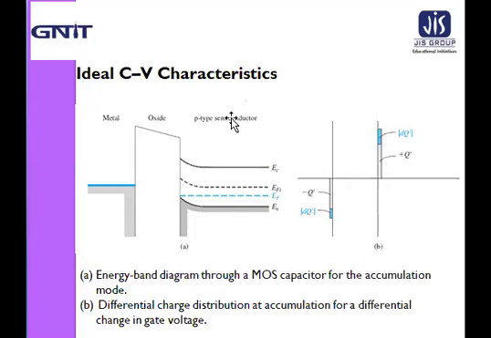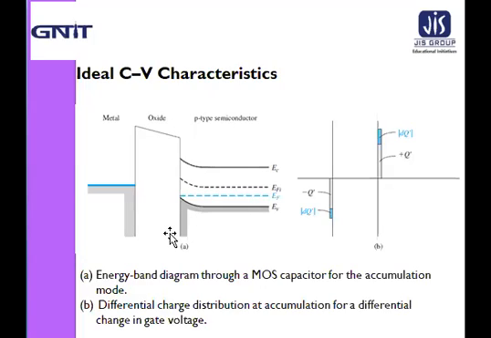Here a p-type semiconductor is used, and for the case when a negative voltage is applied to the gate, it induces an accumulation layer of holes in the semiconductor at the oxide semiconductor interface.